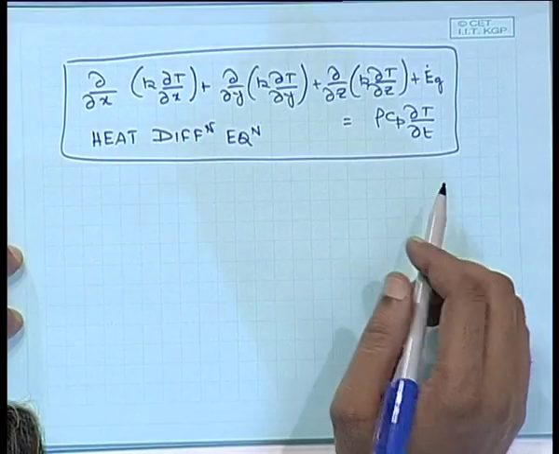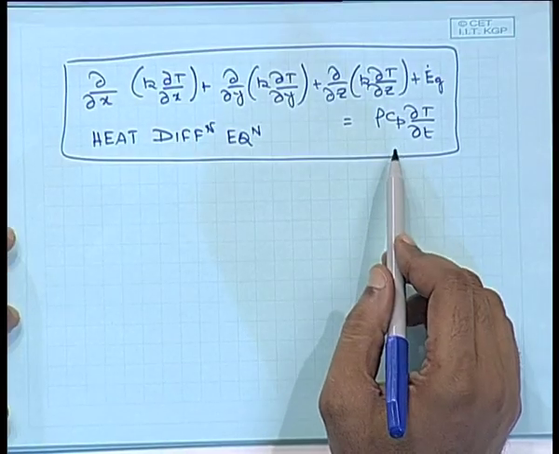Now, in order to develop the heat diffusion equation, we are not going to go through all the steps; rather, we will only highlight the important ones. That is why it is akin to a diffusion process, where the transport is by molecular mechanism. So, that is why this is known as the heat diffusion equation.